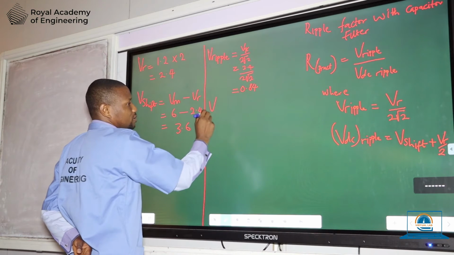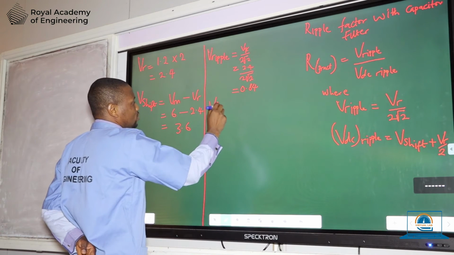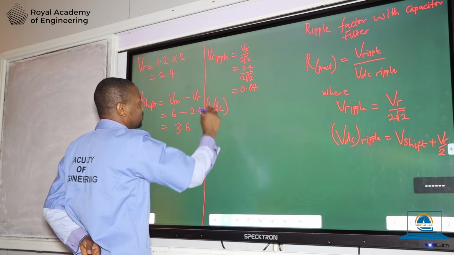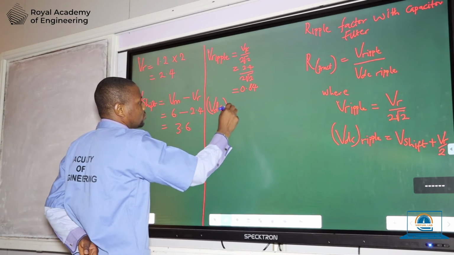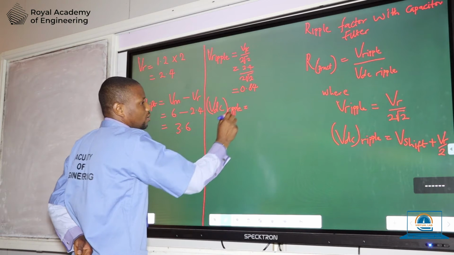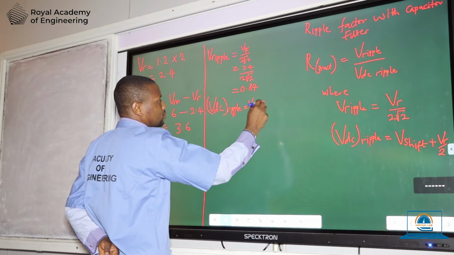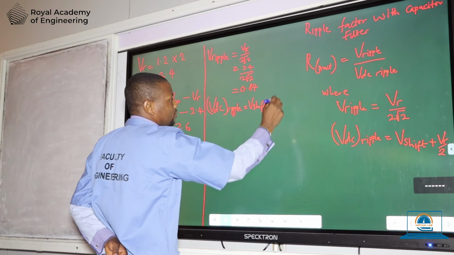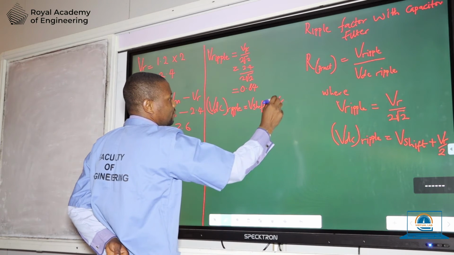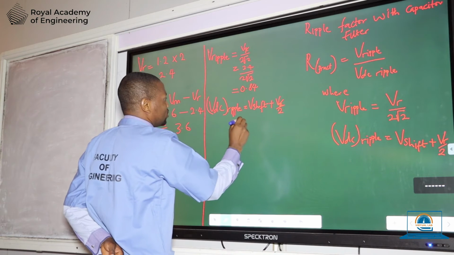and our VDC ripple equals to V shift plus VR over 2.